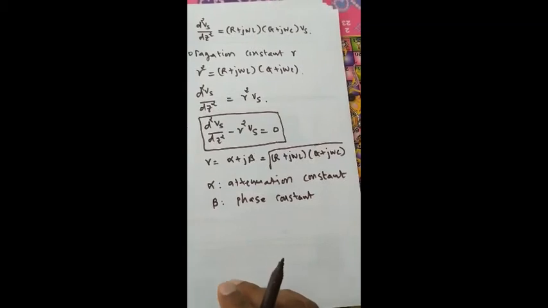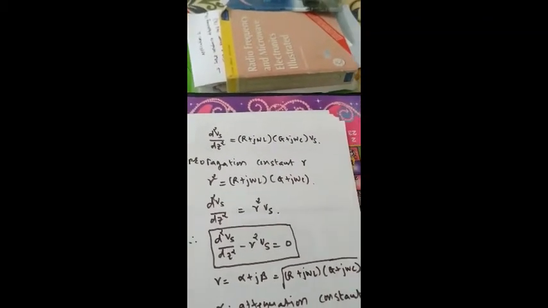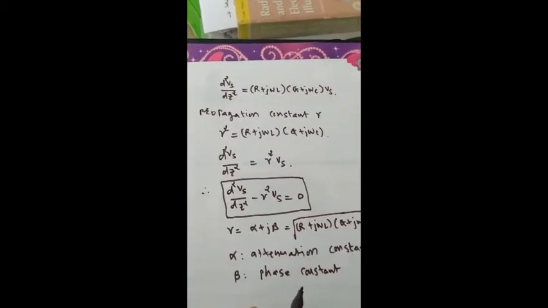Generally the alpha is measured in unit the Napier per meter.